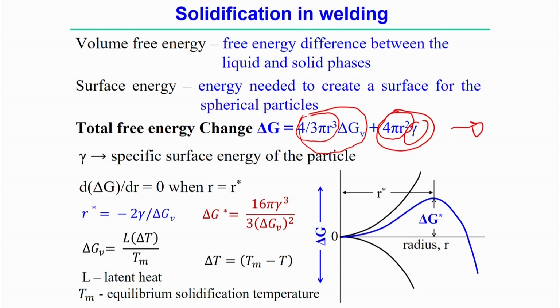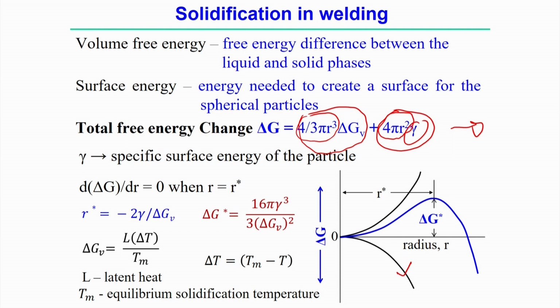Now, this free energy change can be represented graphically. If you look at the graph, you can see that one component is the representation of the volume free energy change during the change of phase from liquid to solid.